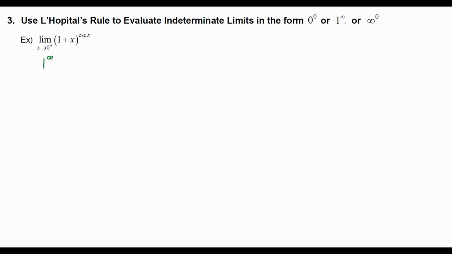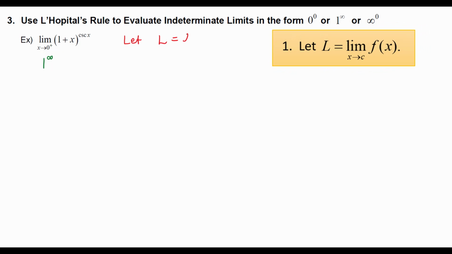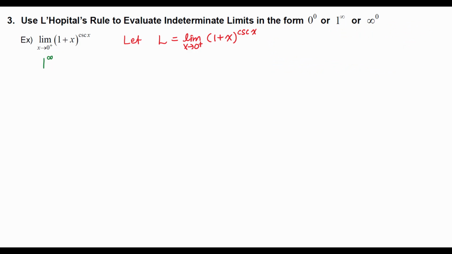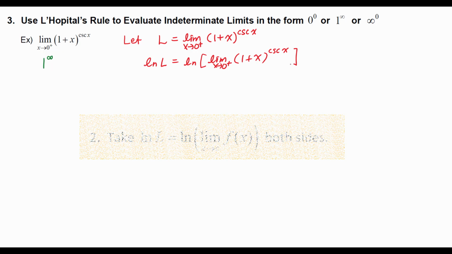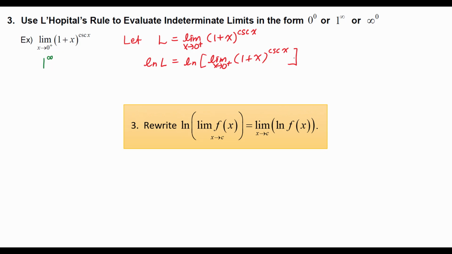So let's go ahead and do that. We're going to say let L equal the limit as x approaches 0 from the right of 1 plus x to the cosecant x power. And then what was the next step? Yes, we take ln both sides of the limit as x approaches 0 from the right of quantity 1 plus x to the cosecant x power. And then what do you do? You switch the limit and the natural log.